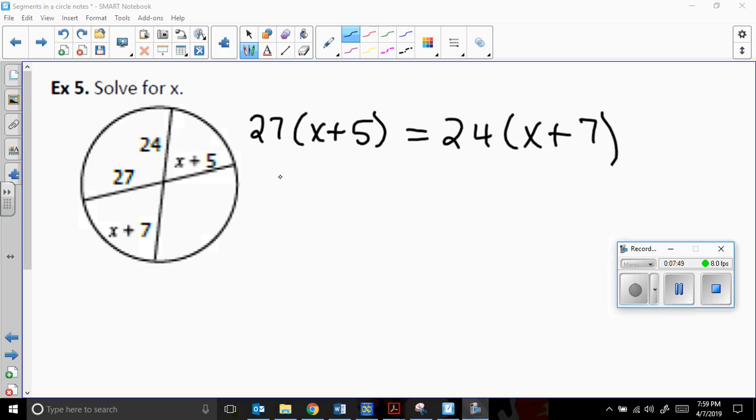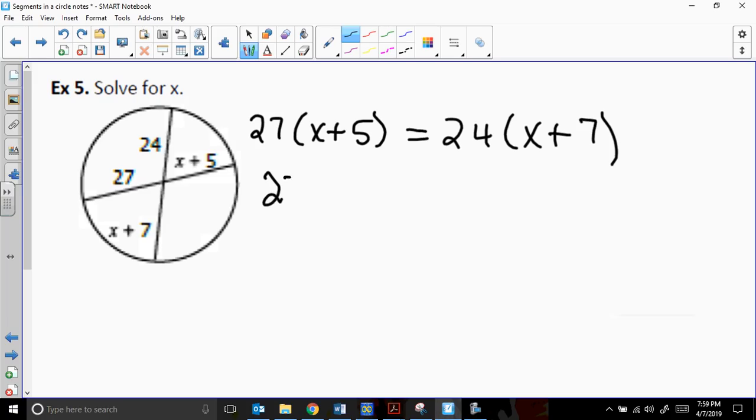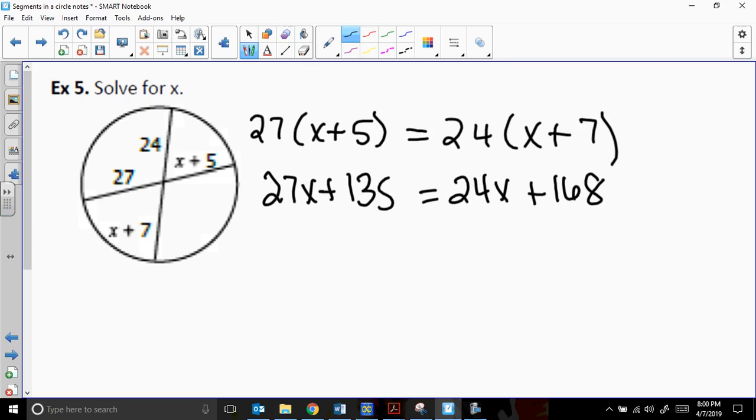Alright, so once we get this, we're just going to distribute here. So we'll get 27x plus 135 is equal to 24x plus 168. Subtract the 24x from both sides. We're going to get 3x plus 135 is equal to 168.